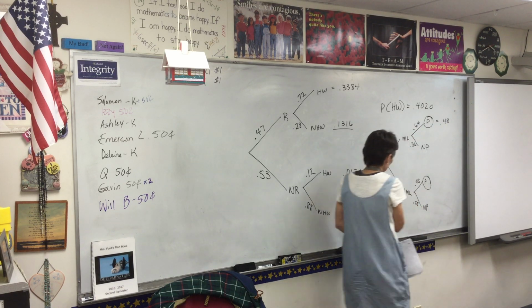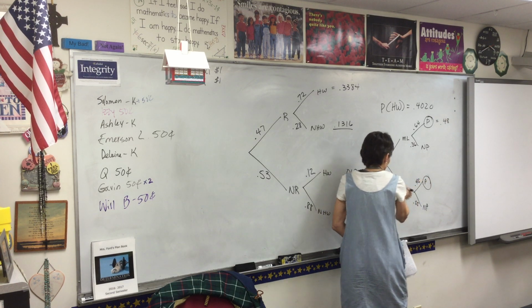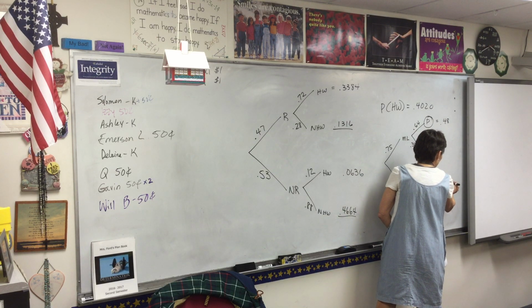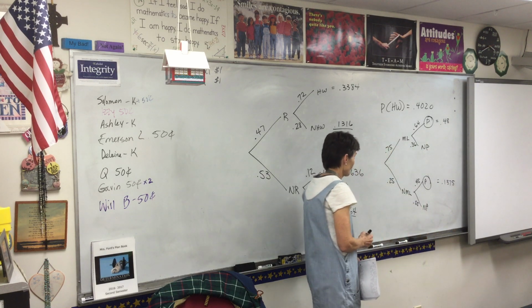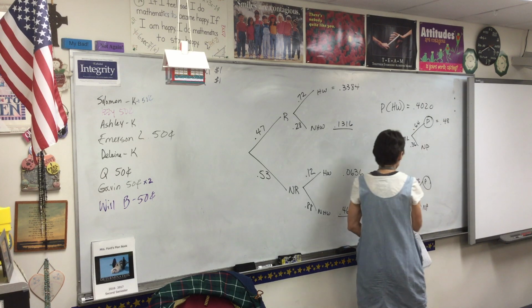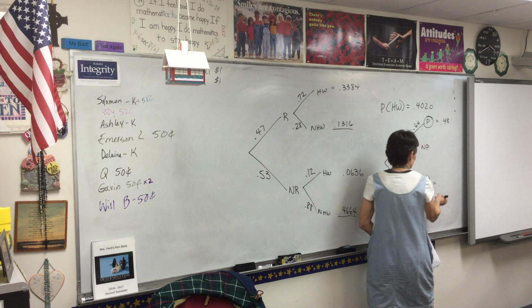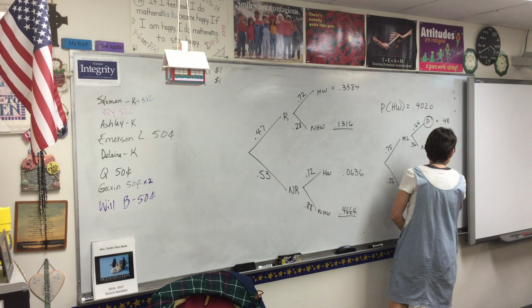And then we're going to multiply here. And what do we get there? 0.1125. We're just multiplying 0.25 times 0.45. What is it? 0.1125.